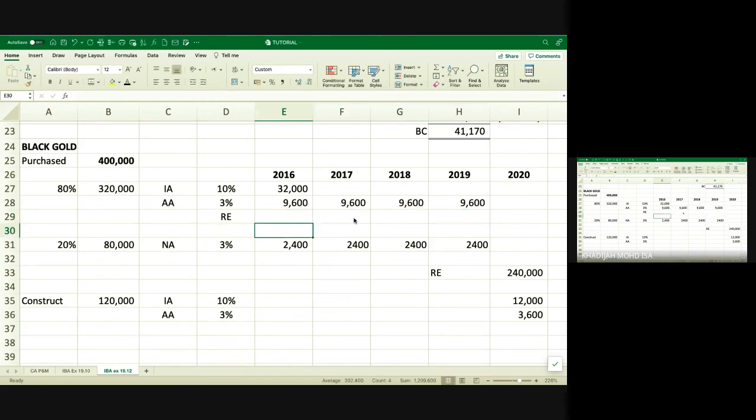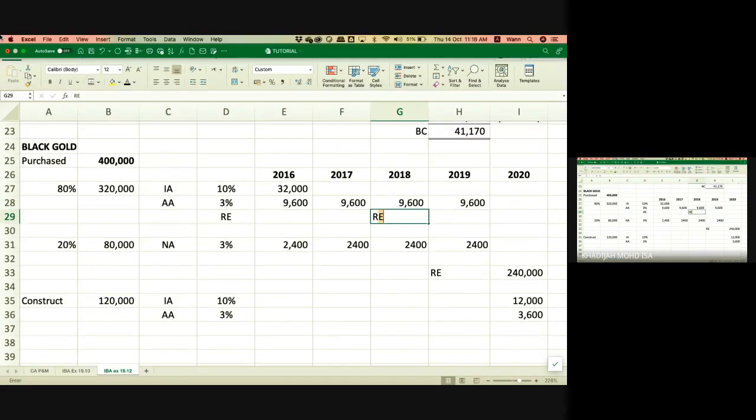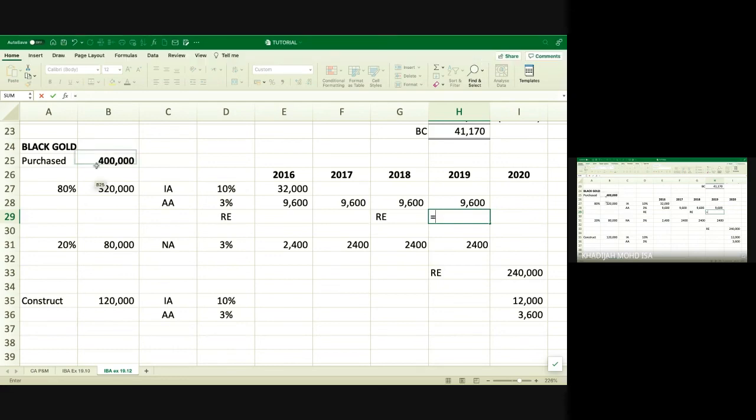Let's see, RE here is plus of this 320 minus the sum of this. You get 240. This case goes until 2020.